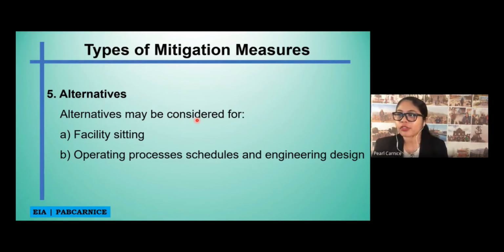One of the mitigating measures is what the company could do if they can schedule, for example, if it would cause a high intensity of noise during the operational stage of a certain project.